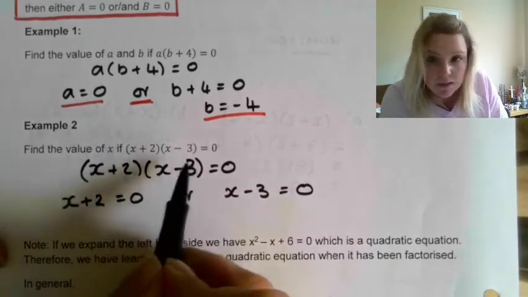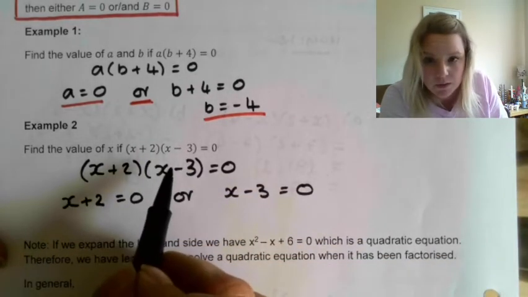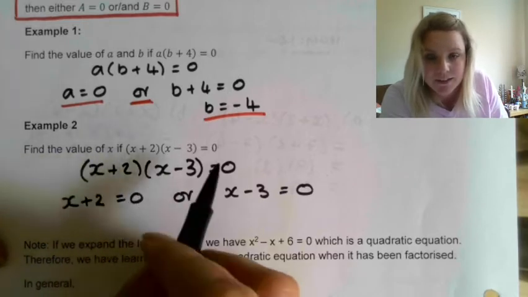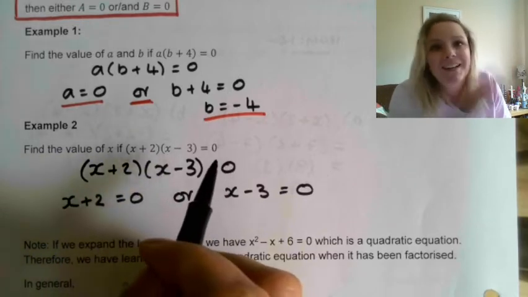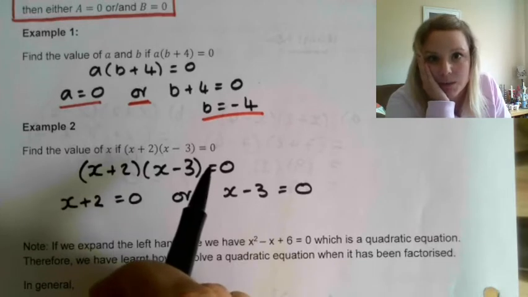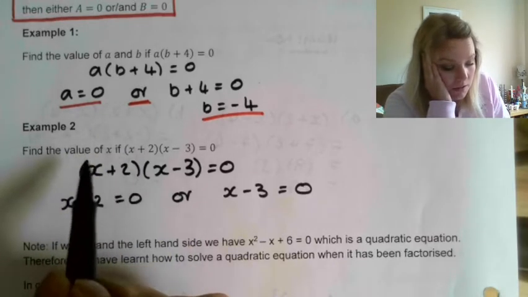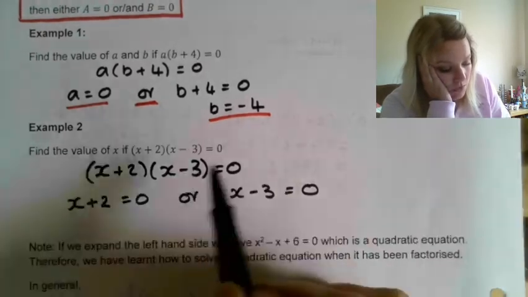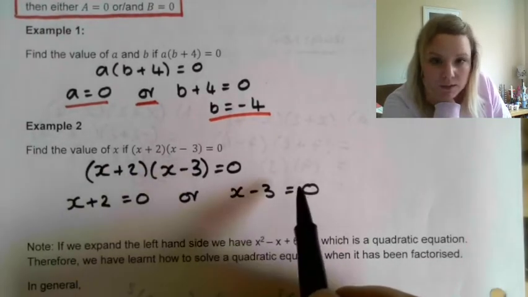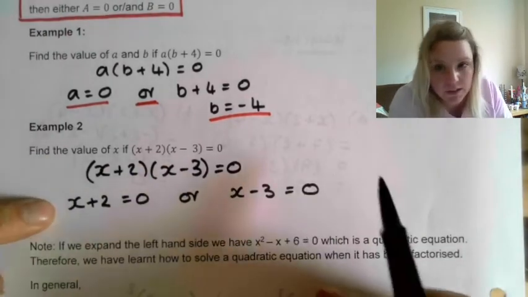Because we've got this bracket and this bracket, they're multiplying together and giving us 0, so at least one of those things has to be 0. Either the contents of this bracket are equal to 0, or the contents of this bracket are equal to 0.